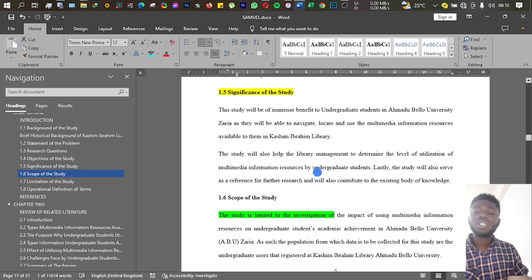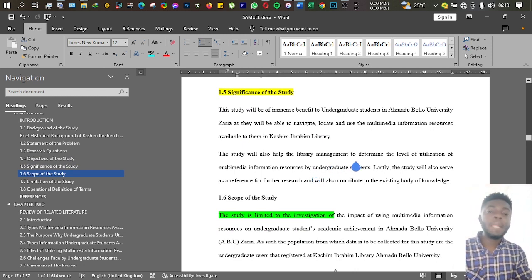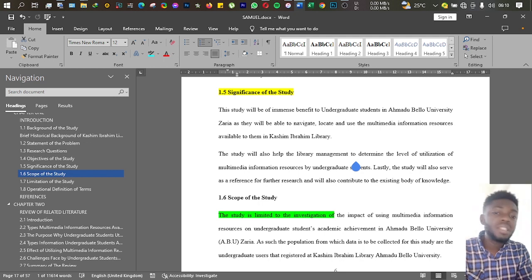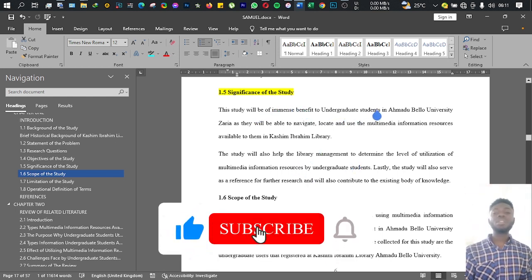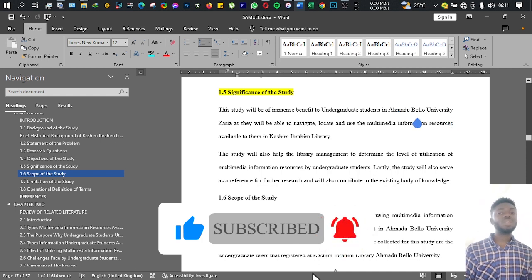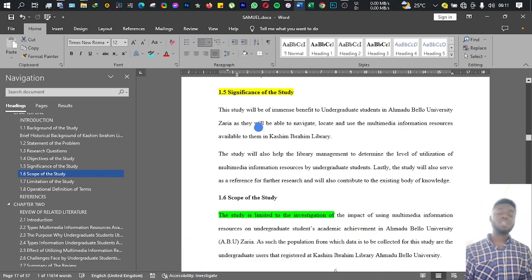Then also the significance of your study. To you, the study might be important, but to the person reading your research, he or she may not clearly know the importance of what you are doing. Because of that, you need to clearly state the significance of the study. For instance, before us here, I said that this study will be of immense benefit to undergraduate students of Ahmadu Bello University, right?